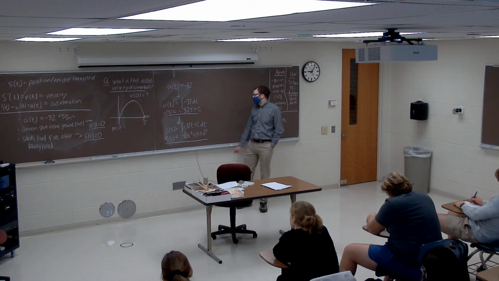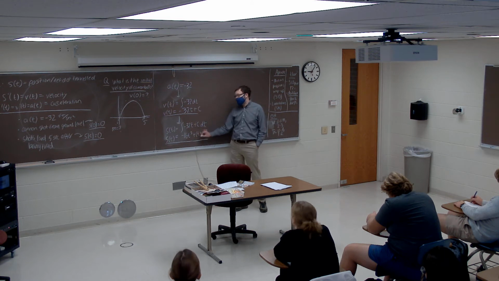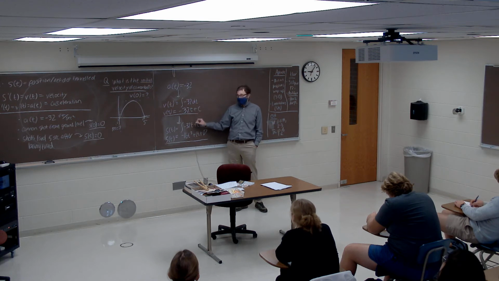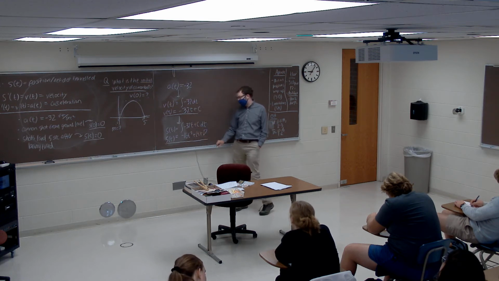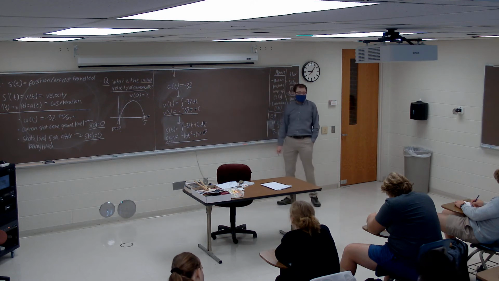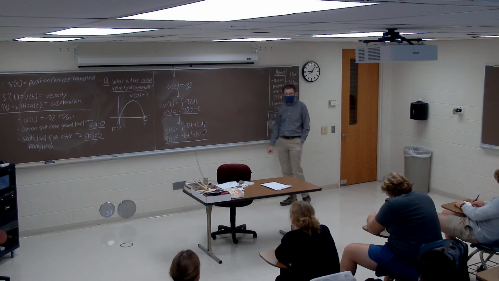The reason why we have two different unknown constants here is the fact that we couldn't solve for c back at the v of t stage. Now that plus c term is kind of getting carried over to a plus ct term in our position function.